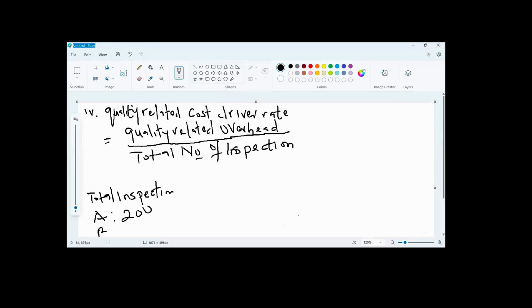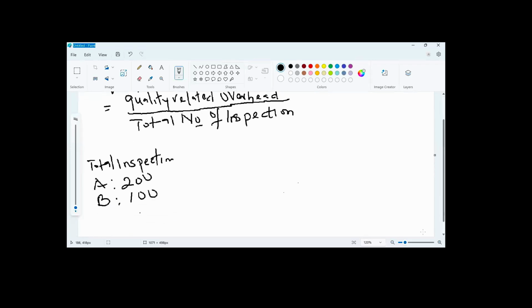For product B, 100 inspections. For product C, 100 inspections. That means total inspections is 400.